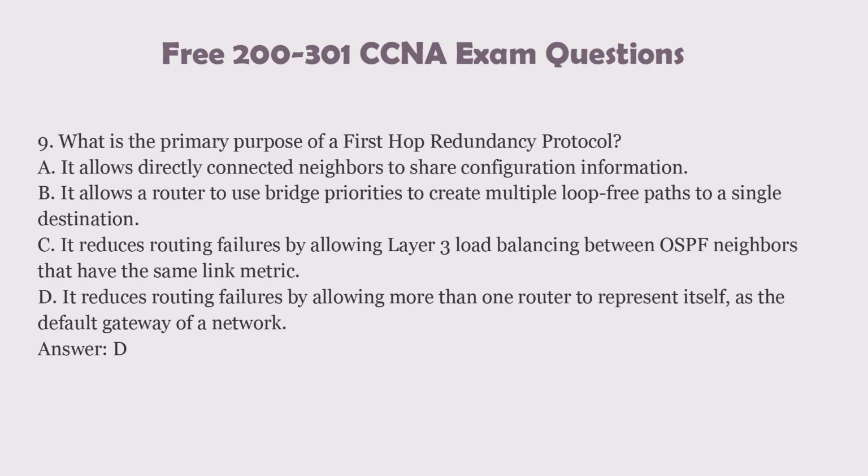C. It reduces routing failures by allowing Layer 3 load balancing between OSPF neighbors that have the same link metric. D. It reduces routing failures by allowing more than one router to represent itself as the default gateway of a network. Answer: D.